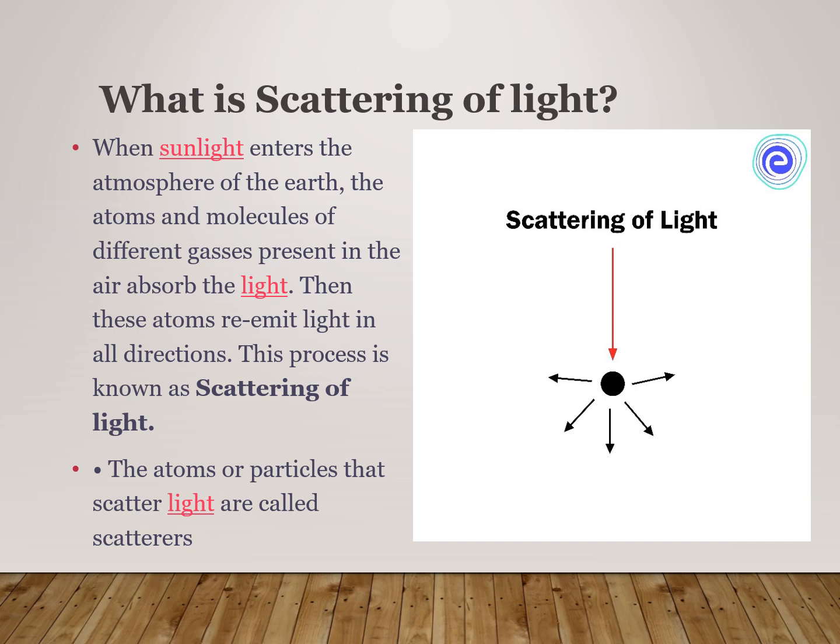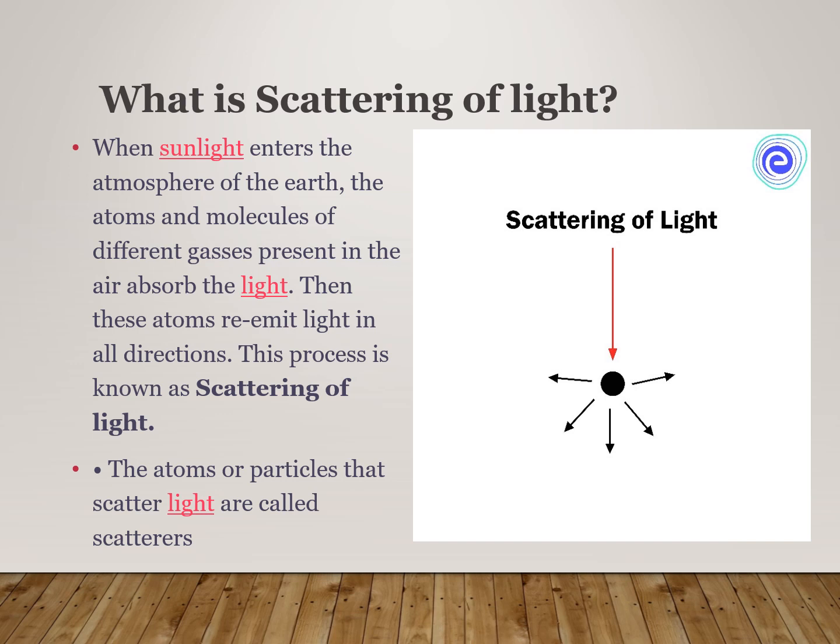What is scattering of light? You can see here, light from the sun emits into the atmosphere and it is scattered by the atoms or molecules of different gases present in the atmosphere.